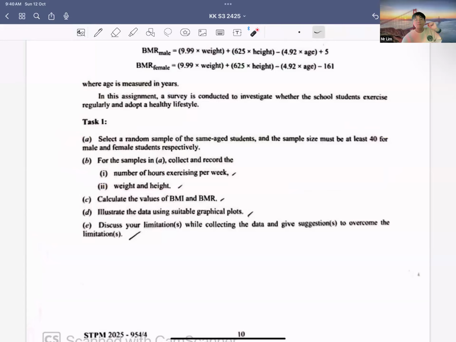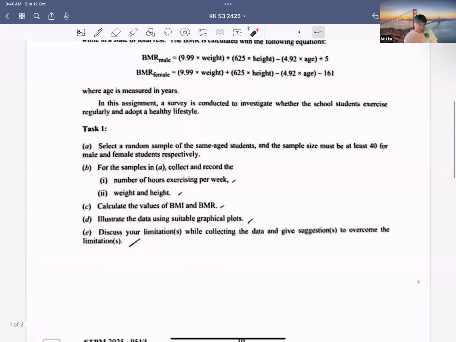Later, I will show a sample of data collection which has already been done, but you should not take it. That means you still have to carry out your own Google form to collect the data.